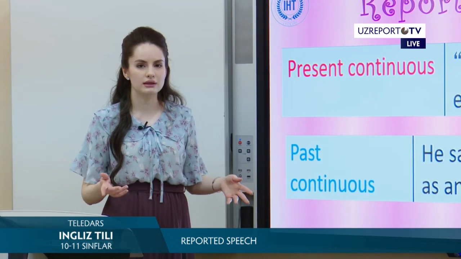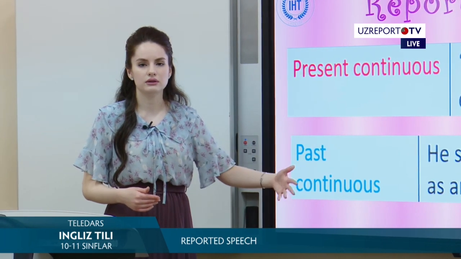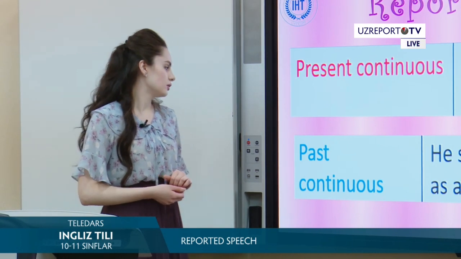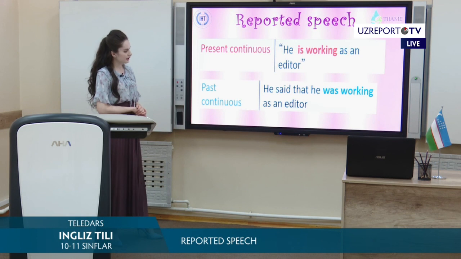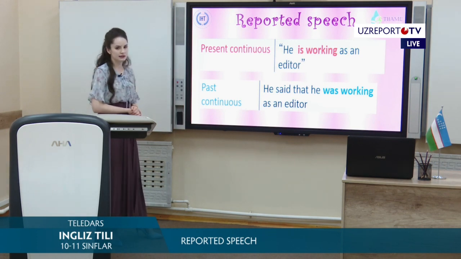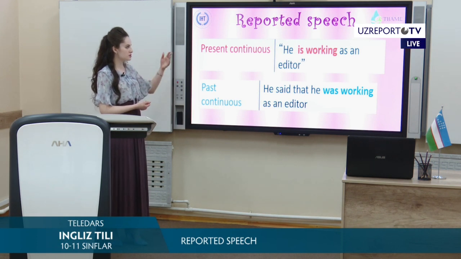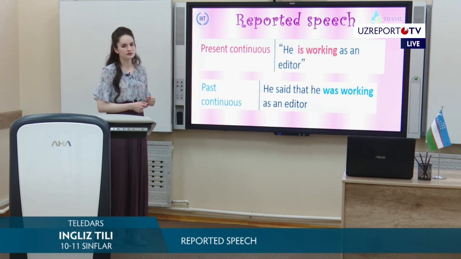That's why anyway, it's impossible that something will be continuing for a long period. That's why we use past continuous in such a sentence. Please look. He said that he was working as an editor. So "was working" was created from "is working." One change is the auxiliary verb "was" instead of "is."